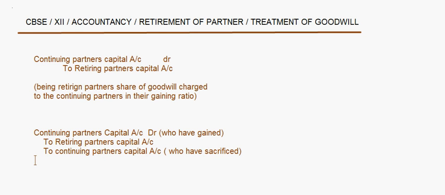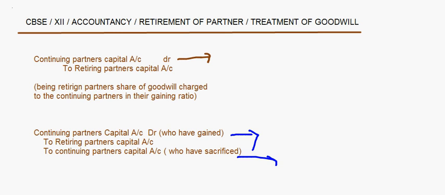These are the two journal entries. In the first one, all the partners are gaining. In the second, some partners have gained and some have sacrificed. So it depends on the question.